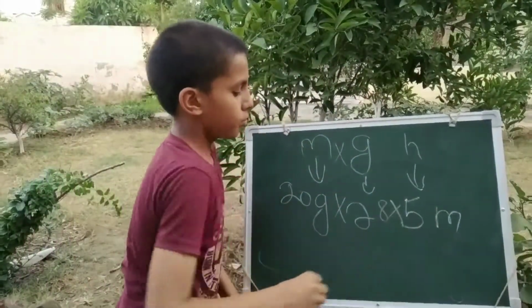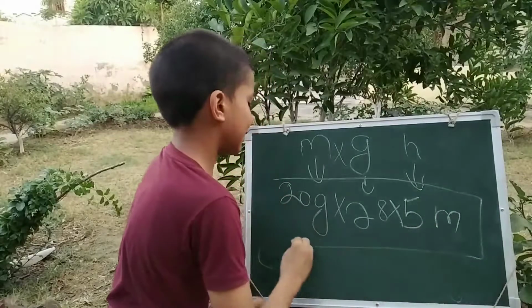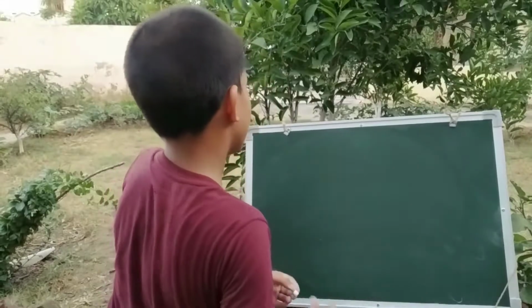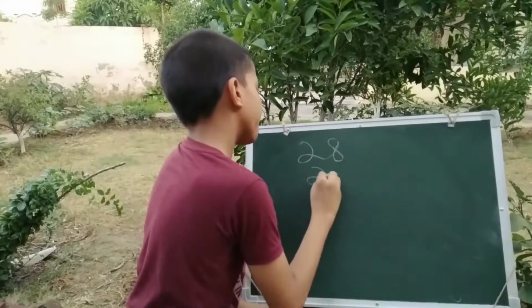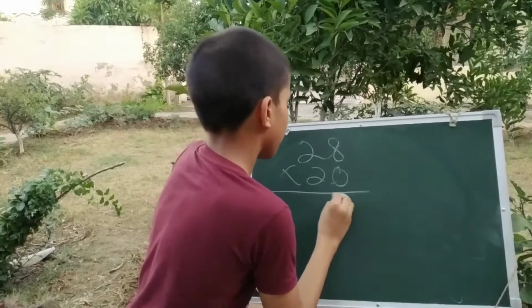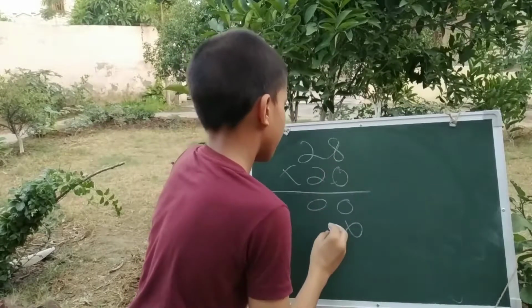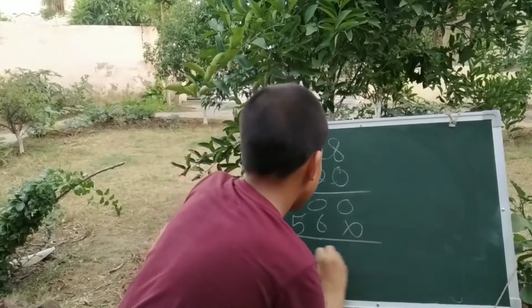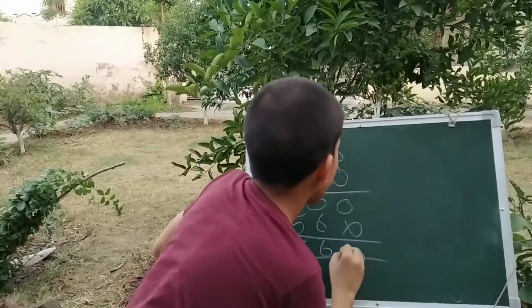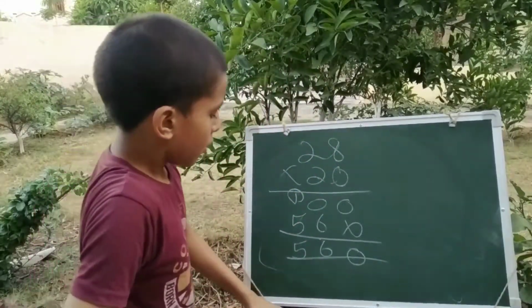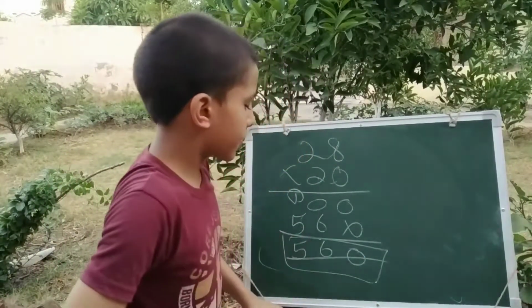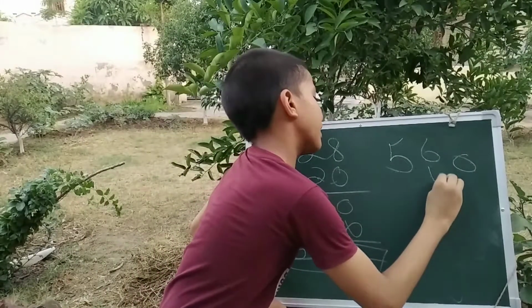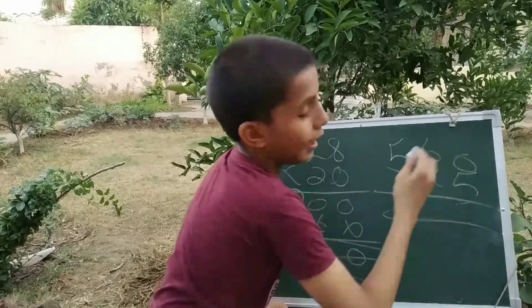So we will multiply all that. What do we get? This is 560, but it's not the potential energy. We need to multiply it by height, and our height is 5 here.